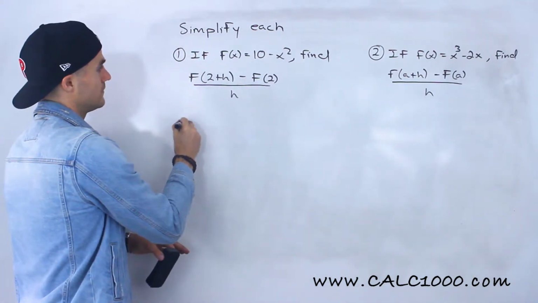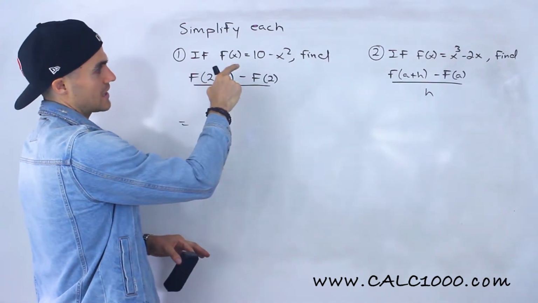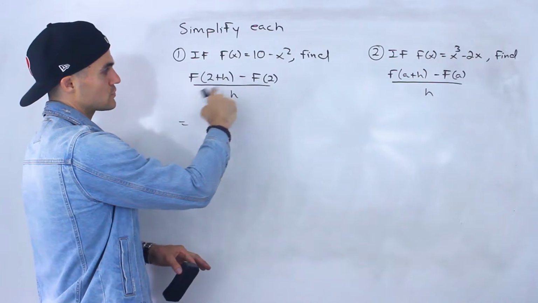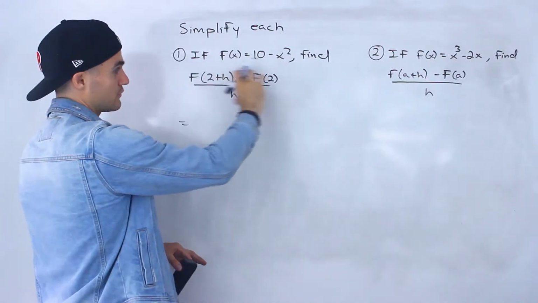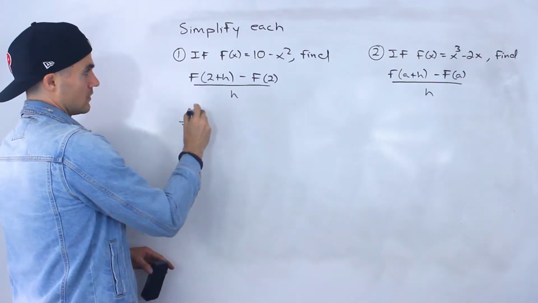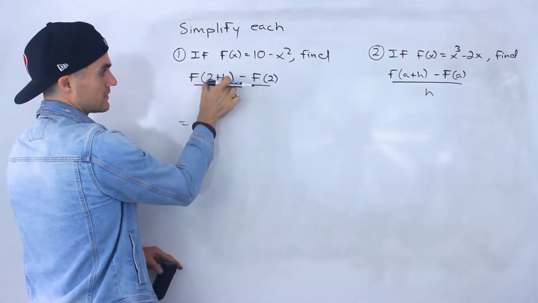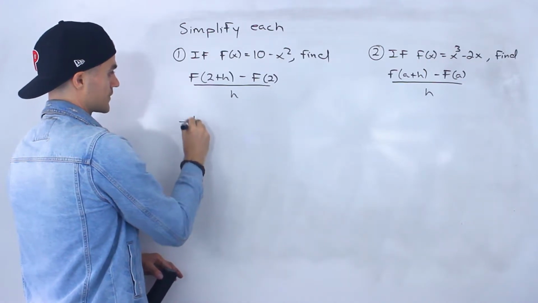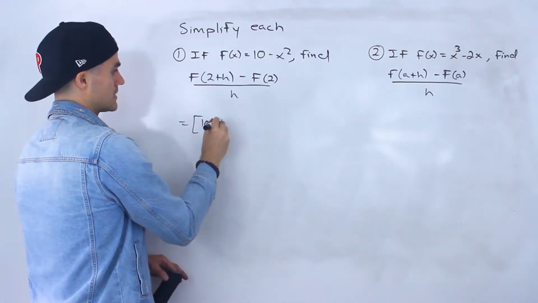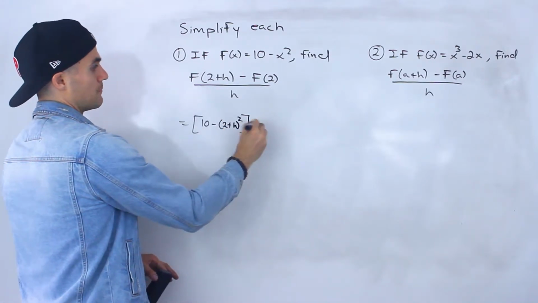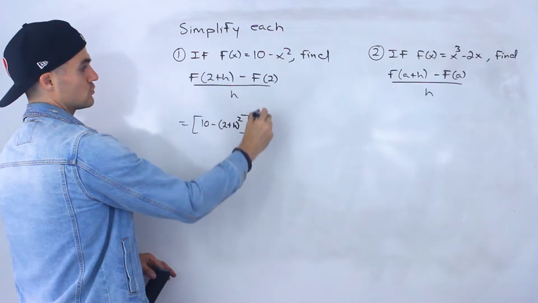So starting with 1, if f of x equals 10 minus x squared, we have to find f of 2 plus h minus f of 2 all over h. We've got to simplify this over here. So f of 2 plus h, we would plug in this 2 plus h for this x squared. So we'd have, let's put a square bracket here, 10 minus 2 plus h squared, minus f of 2.